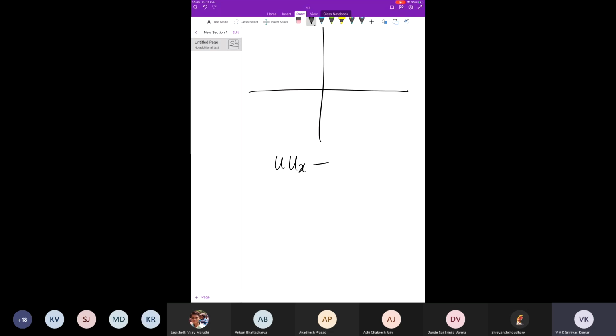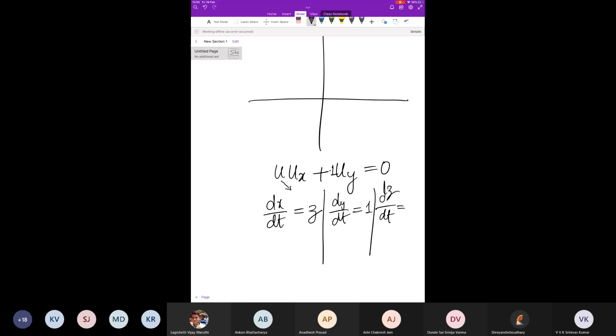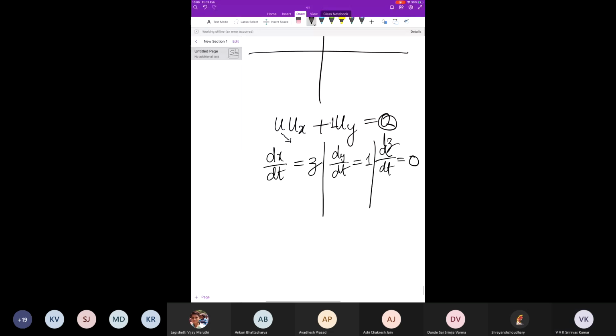For the equation u_t plus u u_x is equal to 0, we write the characteristic equations: dx by dt is equal to u, du by dt is equal to 0, and solve them. We get x is equal to something in terms of h of s, and t is equal to t.